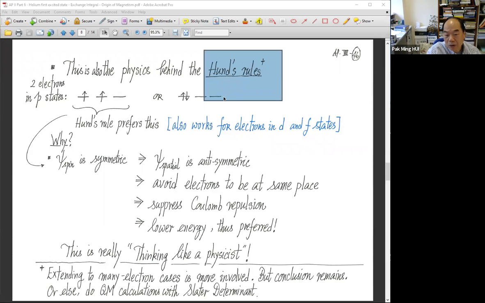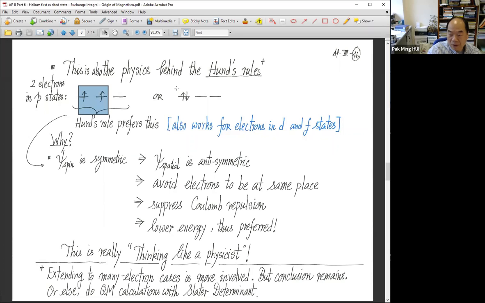I don't intend to discuss Hund's rule in detail here. But you can now realize that what these rules replace is actually a lot of quantum calculations. If you think about this in your mind, you have a special Slater determinant.